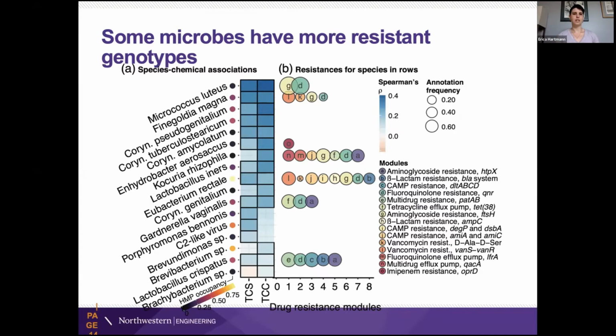So what you're seeing here is a list of the genera that we were able to identify their association with either triclosan or a related antimicrobial triclocarban, and the frequency of annotation of different antimicrobial resistance genes in the pangenome of that organism. So where we see higher concentrations of antimicrobials like triclosan, we see more and more diverse antimicrobial resistance genes. And this is just in the metagenomic data, so that's not necessarily indicative of what's alive and what's surviving in that environment.